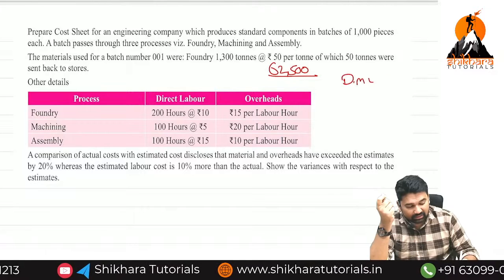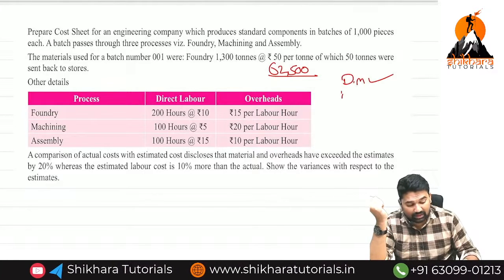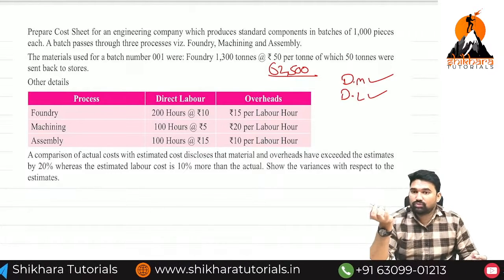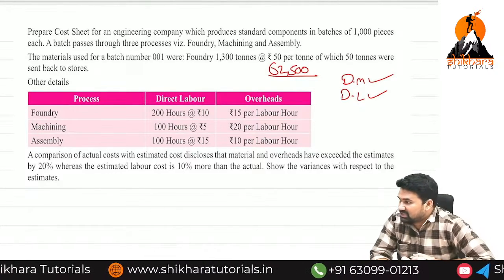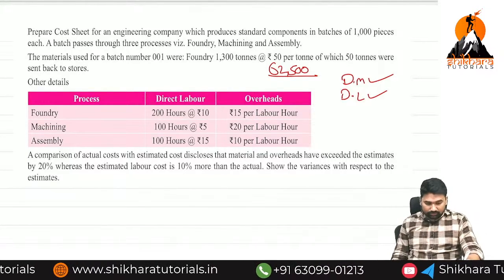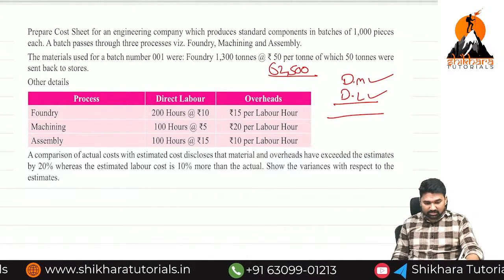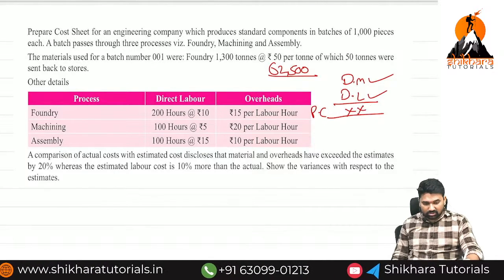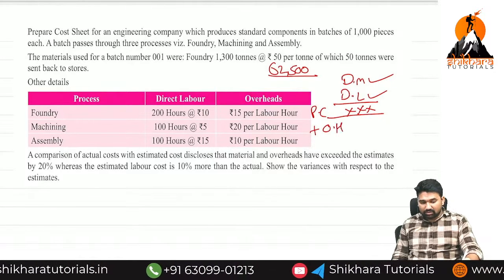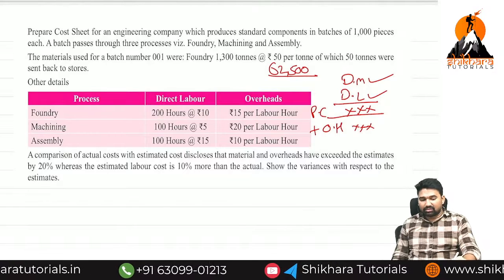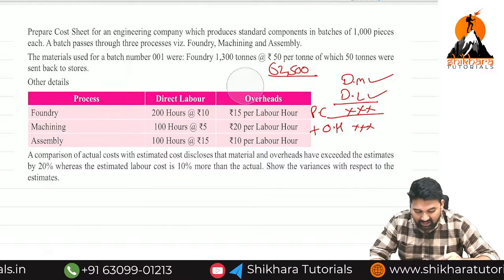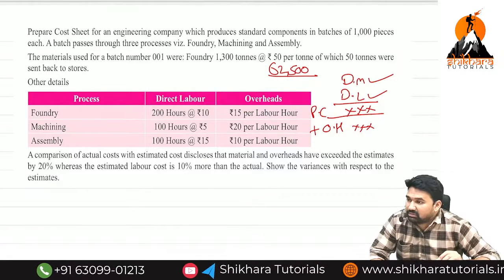Direct material is given, direct labor is given. No issue with direct expense. Nothing has been given for direct expense, so direct expenses are 0. Direct material plus direct labor sums up to prime cost. To prime cost, we need to add overheads. Here, what is given? He mentioned the overheads are factory overheads.